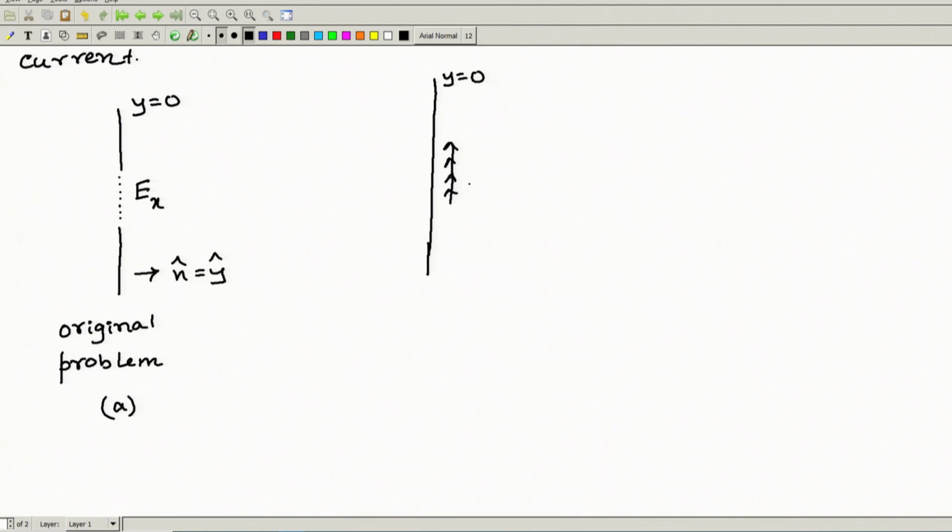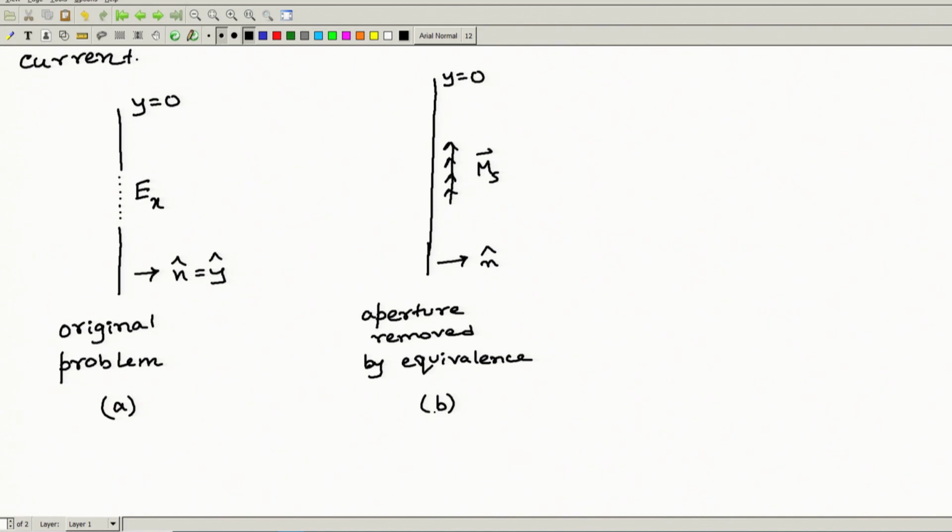Ms is the magnetic current. This was our N. Let's write this as aperture removed by using the equivalence theorem. So this is B.